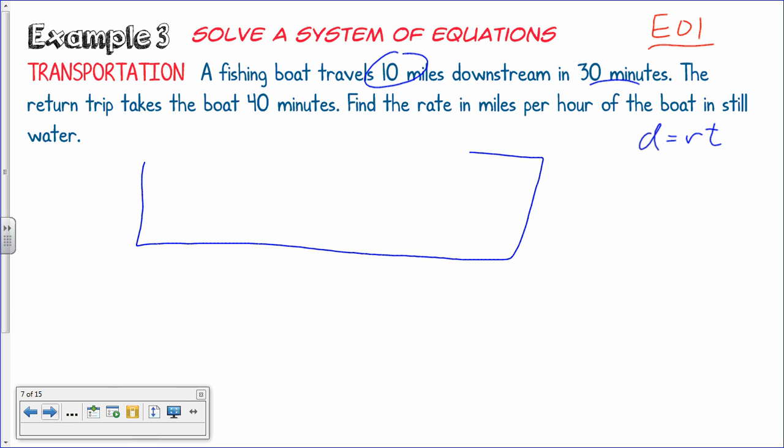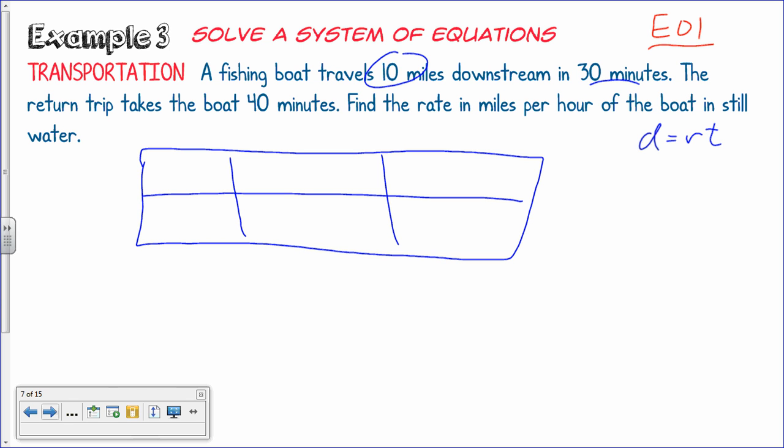Okay. Here's how you do this. Draw your box. 2 rows, 3 columns. You'll see a lot of these, like where they say this train takes off, and then this train takes off, but at what point do they meet?